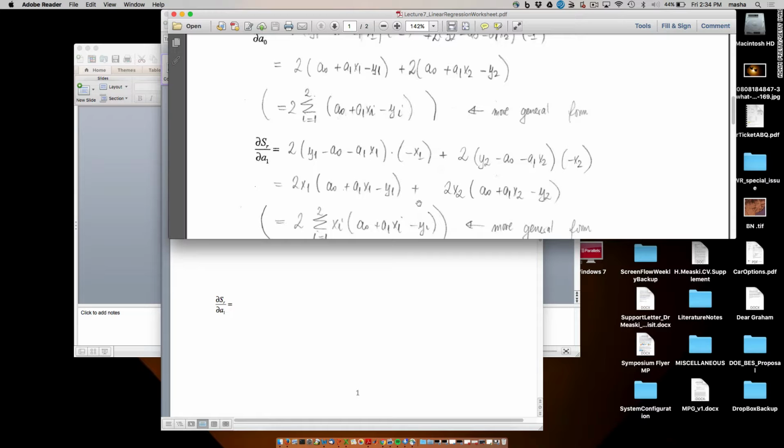In the multivariate world, if I have f of x, y, then partial f partial x and partial f partial y both have to be 0 at a minimum point. It's just that here they're calling these A0 and A1. Got it? Is everybody clear on this?